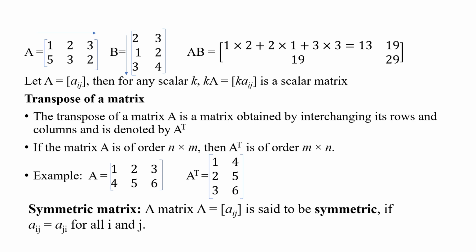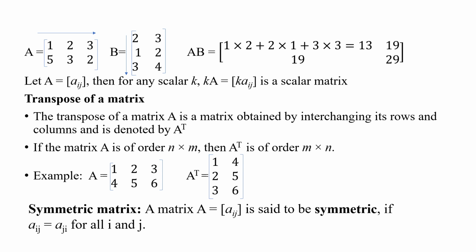Now the first row of A is multiplied with the first row, first column of B, that is 1 into 2, and then I have to add the first row second column of A with the second row first column of B, that is 2 into 1, and then I have to again add this with the first row third column of A into the third row first column of B, that is 3 into 3.